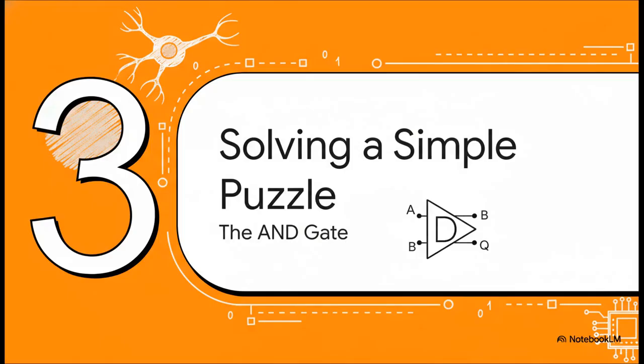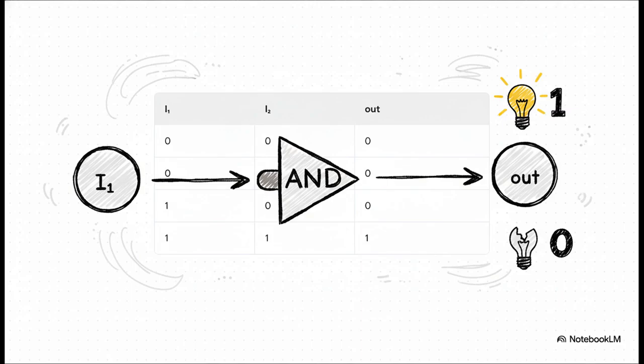All right, theory's great and all, but let's actually see this thing work. We're going to give our perceptron its first real test, solving a classic problem from computer logic called the AND gate. So here's the deal with an AND gate. It has 2 inputs, and the output is only true, or a 1, if both the first input and the second input are 1. Any other combination, and the output is false, or 0.